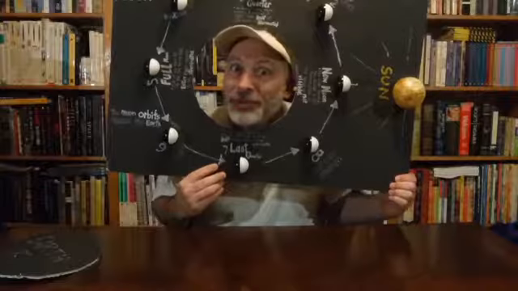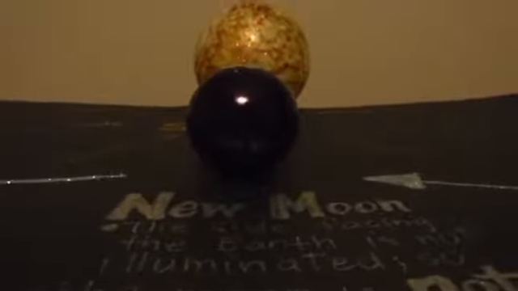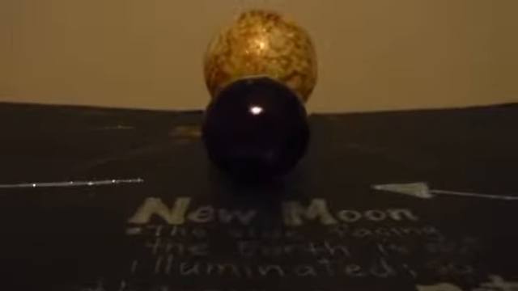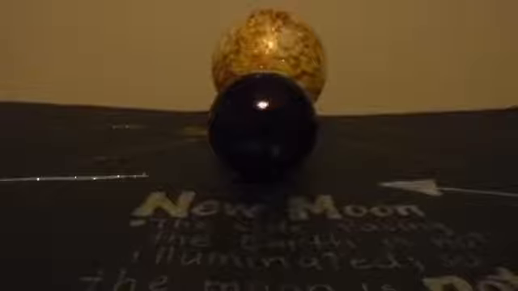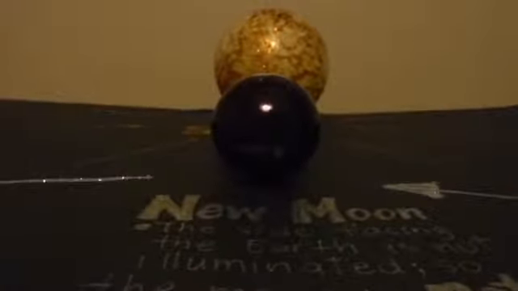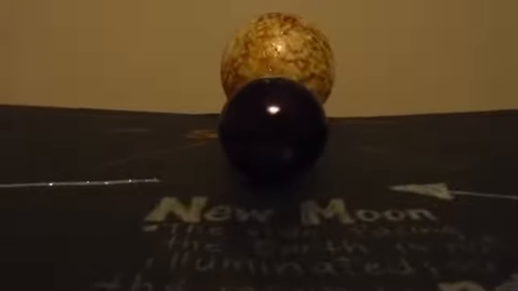Check it out a little bit closer. In this model, as we put our head in the center where the Earth is, we can see that when the moon is positioned between the Earth and the sun, we don't see the moon at all.